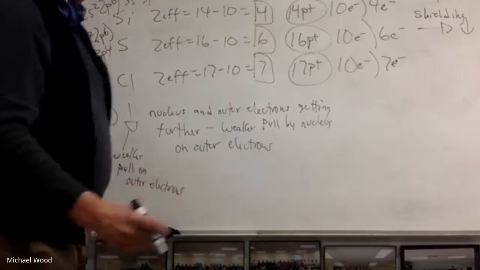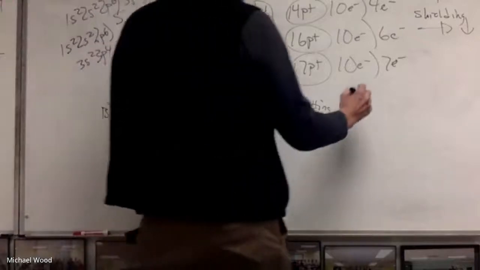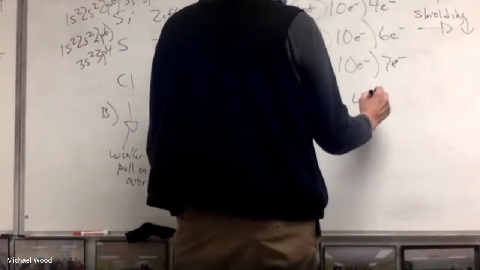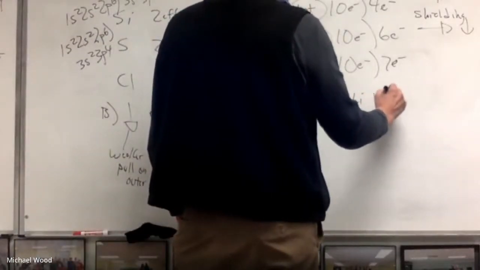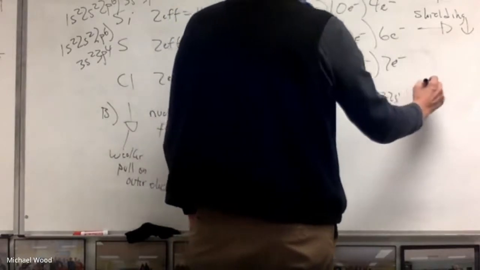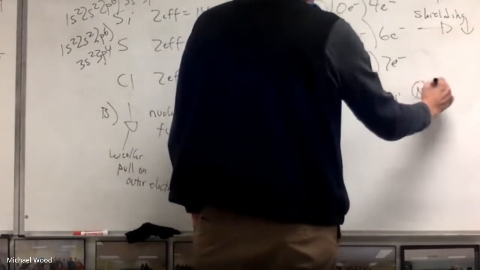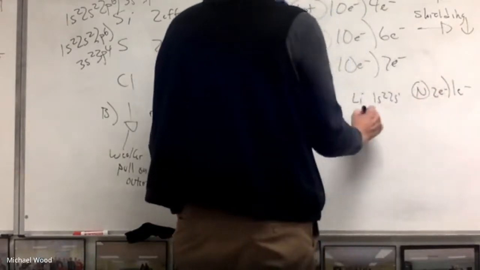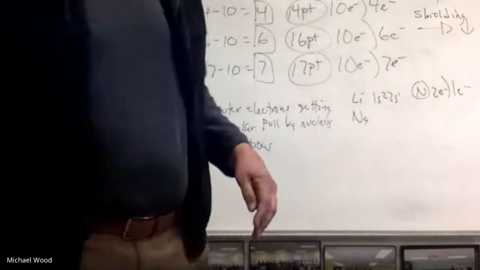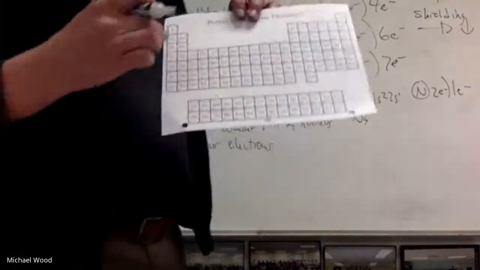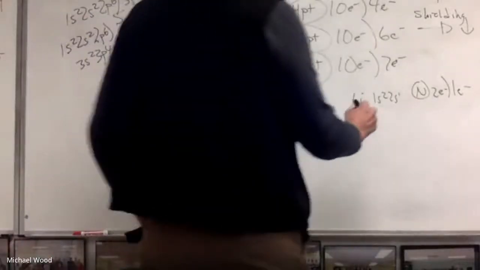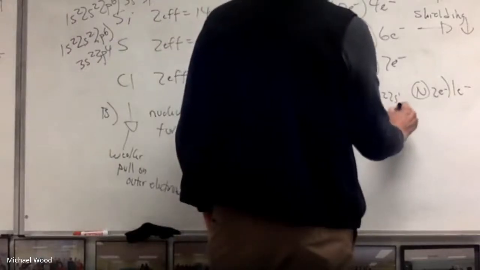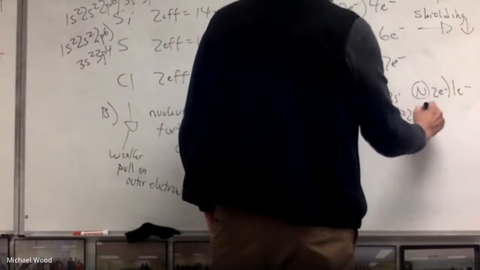So if I compare lithium, which is 1s2, 2s1. If I've got the nucleus, then I've got 2 electrons here, and I've got 1 here. We'll compare that to sodium. What I'm talking about now are elements in the same vertical column. Sodium is 1s2, 2s2, 2p6, 3s1.